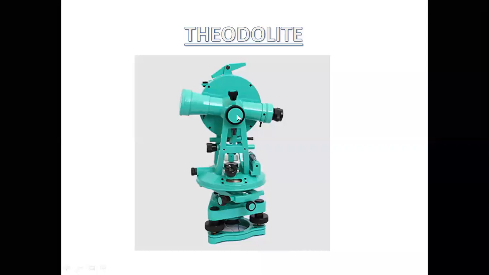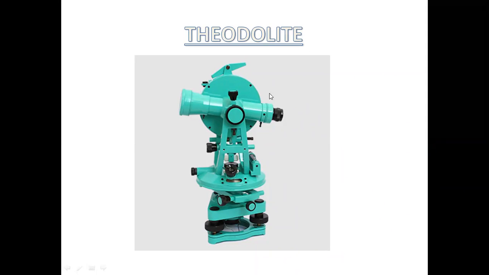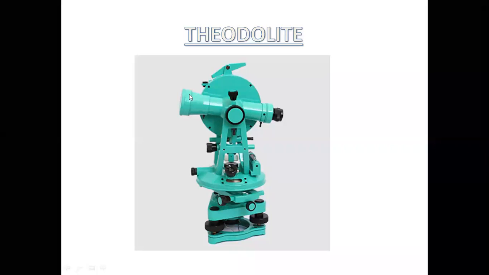If the telescope revolves around the horizontal axis, then it is called a transit theodolite. If it can move up and down in 360 degrees, then it is called a transit theodolite. And if this telescope doesn't revolve about this horizontal axis, then it is called a non-transit theodolite.